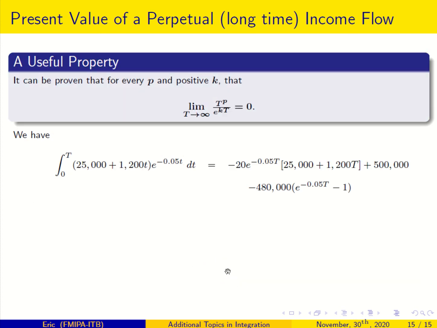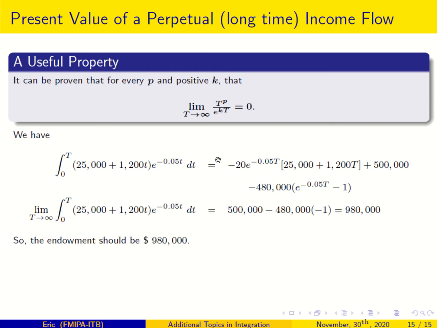And this is a useful property: if I have t to the power of p divided by e to the power of k t, the limit is 0. It means when t goes to infinity, e to the power of kt goes to infinity faster than t to the power of p. So you have this, and the limit of this is just this one.